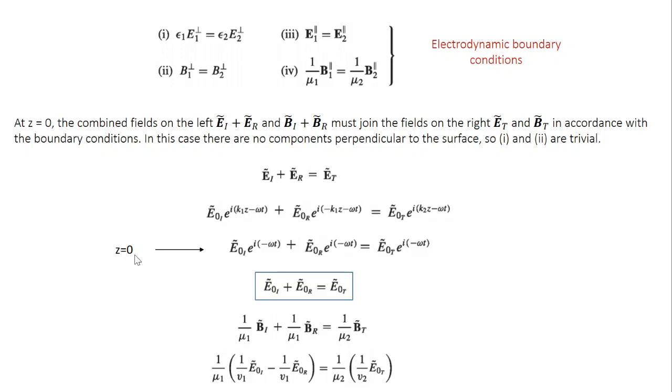Just like the previous case at z equal to 0, the k1z and k2z components vanish and you have only the time dependent exponential function, which is common on either side.